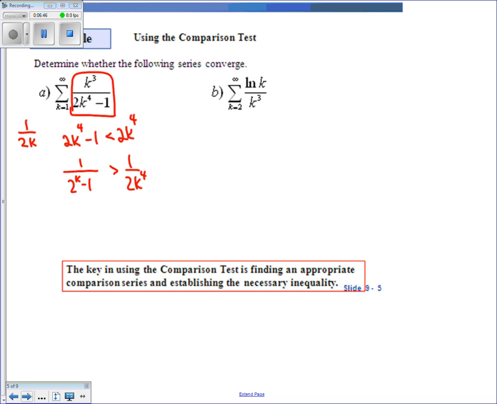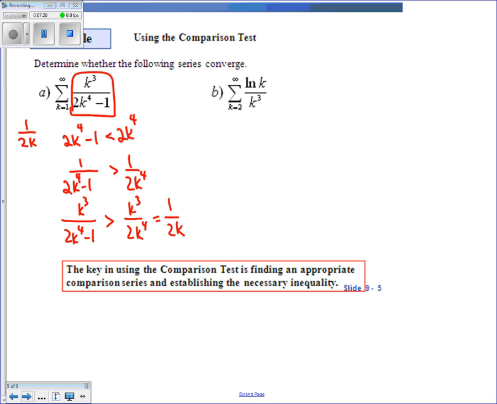Well, I lost my k to the 3rd somewhere. So to get that, in this inequality, I'm going to multiply both sides by k to the 3rd. Now, k to the 3rd is positive. So when I multiply both sides by k to the 3rd, I get k to the 3rd over 2k to the 4th minus 1, and that's bigger than k to the 3rd over 2k to the 4th, which is equal to 1 over 2k.